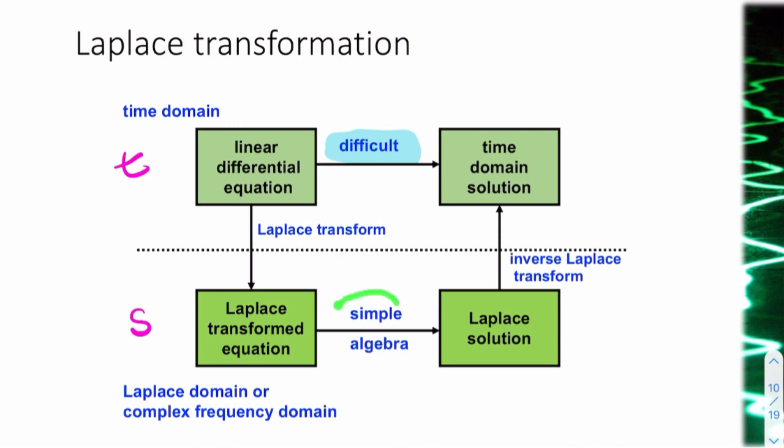So we use simple algebra as opposed to complex algebra to find effectively the same solution. But here your solution would still be a function of s. So to get it back in the time domain, if that's what you want, you would need an inverse Laplace transform. So you need to transform and then an inverse transform.